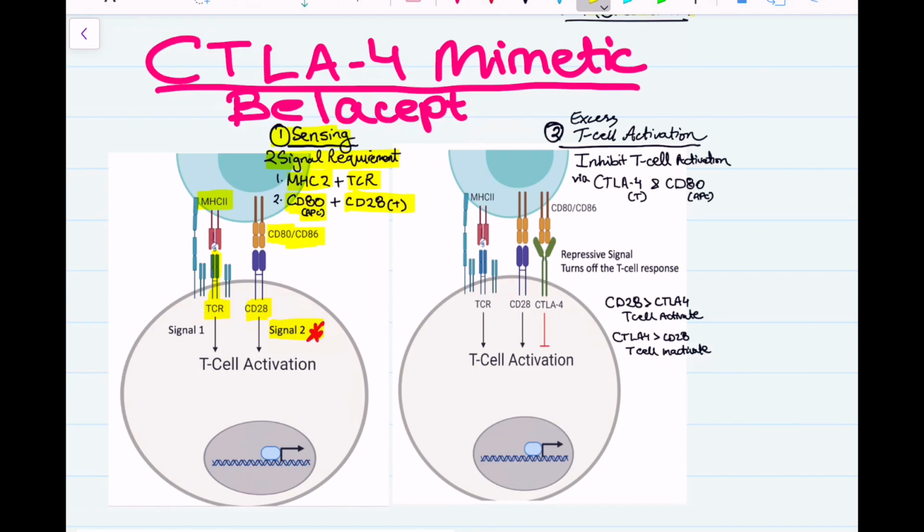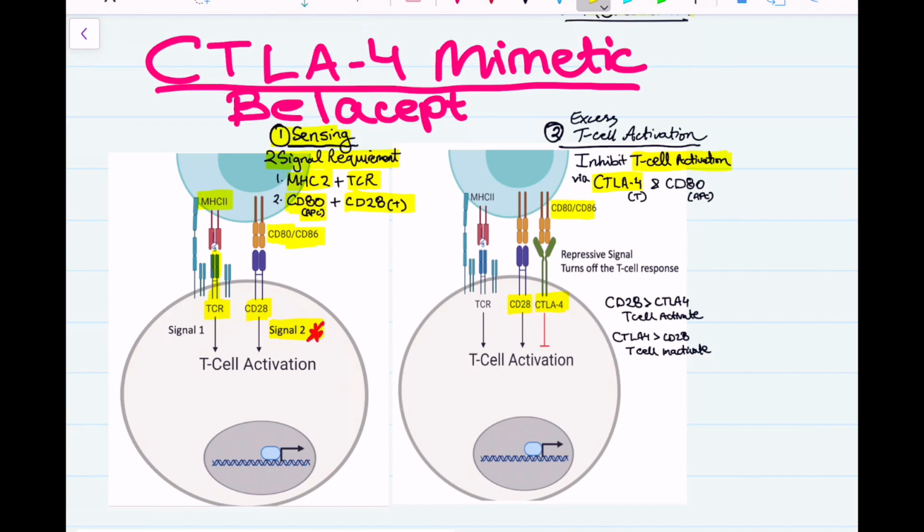So what happens is that here we get inhibition of T cell activation using CTLA4. Here we have something new, CTLA4. What happens is that CTLA4 is also competing for CD80 and 86 that normally should bind to CD28.